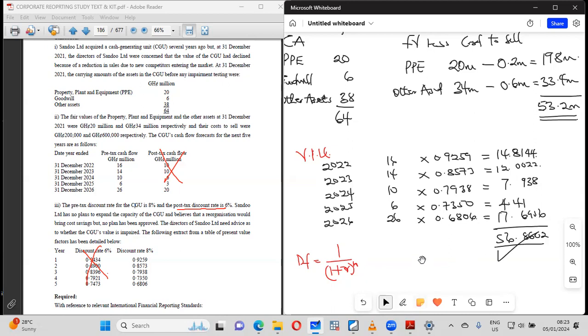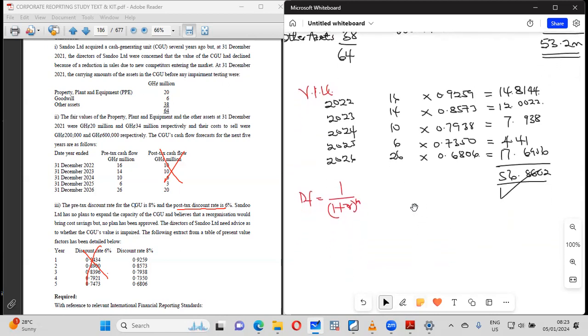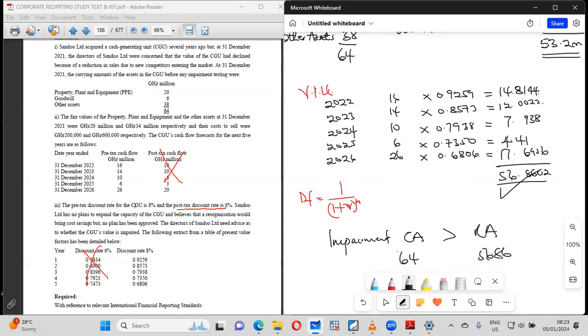And so therefore, my impairment is going to be, so we have impairment, CA being greater than RA, where the CA is 64, then this side is 56.86.